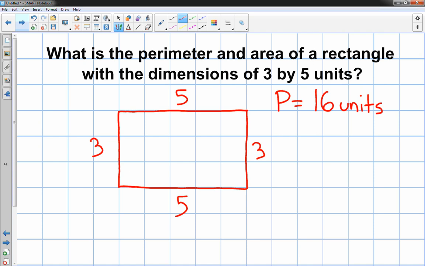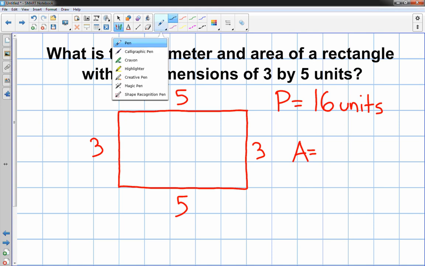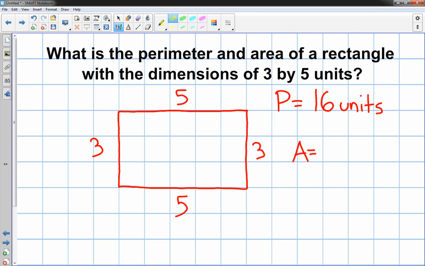Area is a little different. We use A for area. Area is how many square units fill up the inside. So you have to visualize these squares inside. That's why I'm having you use graph paper.